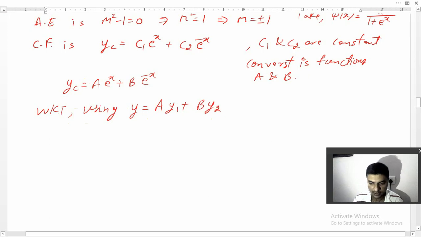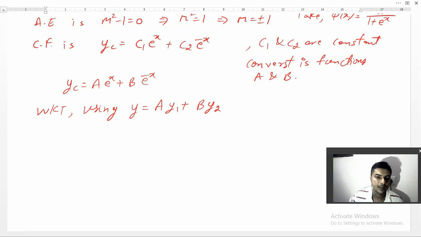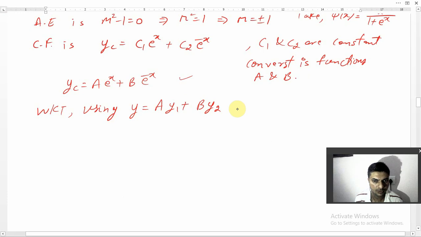Please remember, I have already told you that whenever we are solving, we go through the previous method. In the previous steps, you can see I have taken the solution. Compare these two equations, friends. You can see a and a are the same. y is the solution. What is y1? Identify easily. It is e raised to x, and y2 is e raised to minus x.